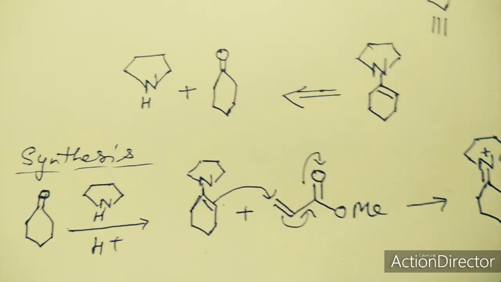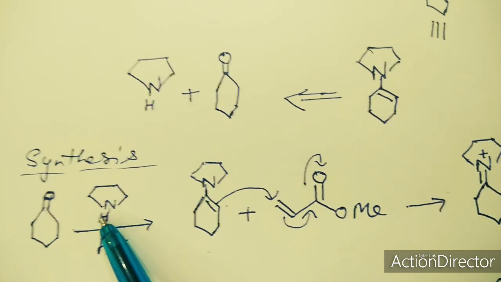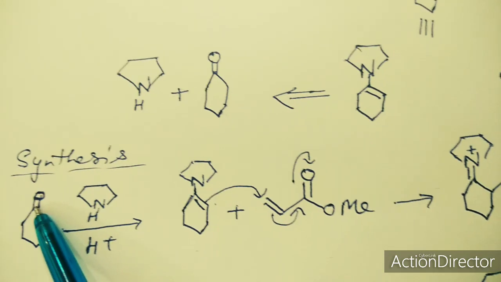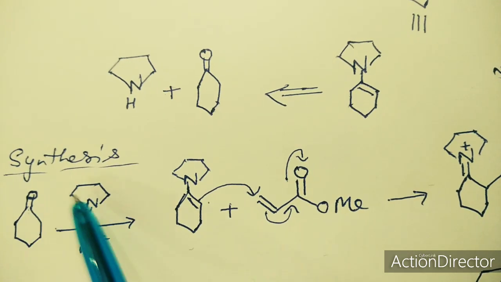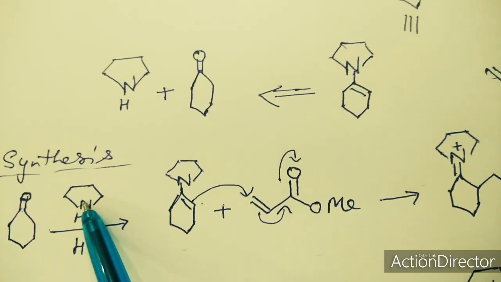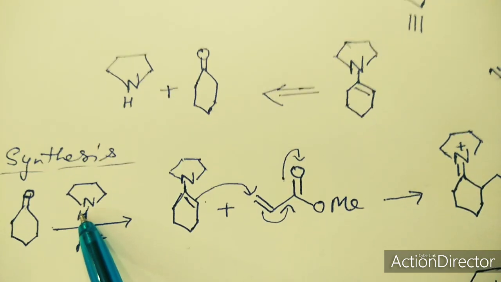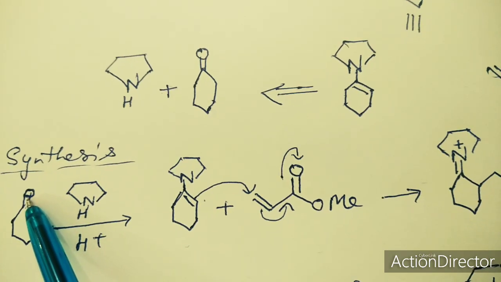The carbonyl compound, when it reacts with a secondary amine, it tends to form, because N will attack this carbon positive over here due to lone pair. Therefore, it will get a positive charge. This hydrogen will leave as H positive. It will attack this O, as OH will be formed.